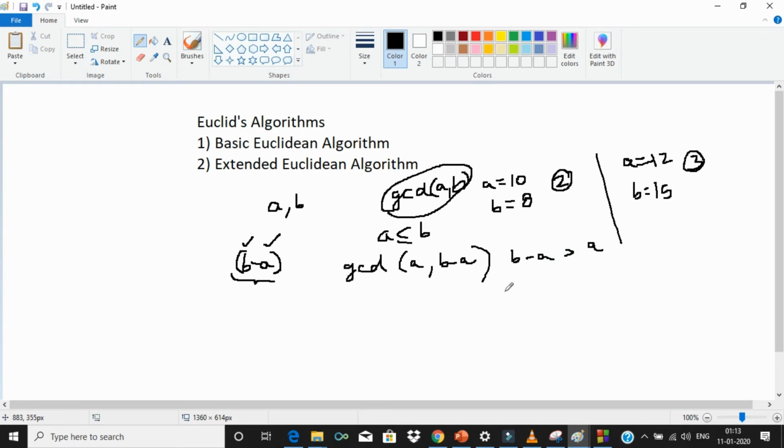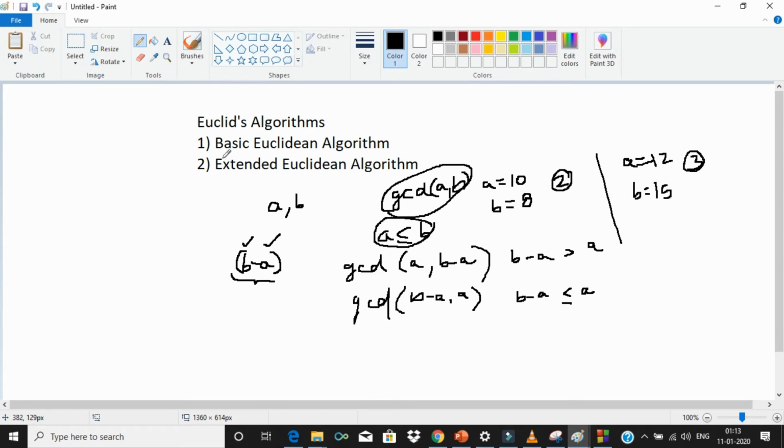Or we can call this function for b minus a comma a, if b minus a is less than a. You can say less than or equal to also. So why is this so? Because we have assumed that a is always going to be smaller than or equal to b. So this is the way we can proceed.